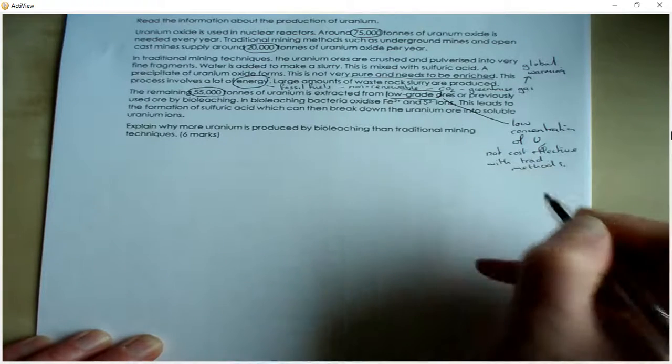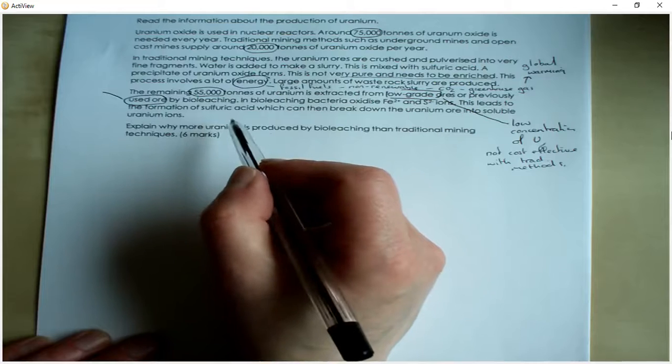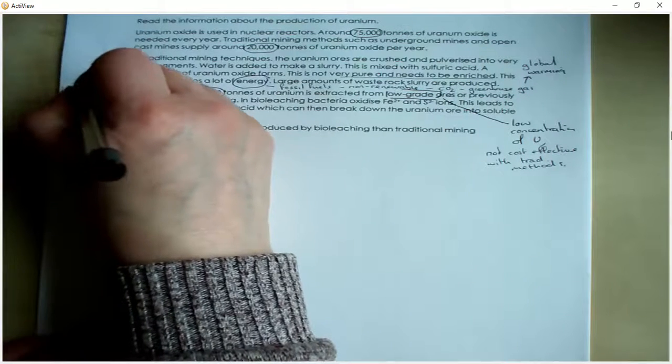I'm just going to abbreviate that to trad because I know what I mean. Or previously used ore. It's important that we can use this to extract metal from previously used ore, because that allows us to recycle used ore, and anytime we can be recycling something, we are conserving supplies.